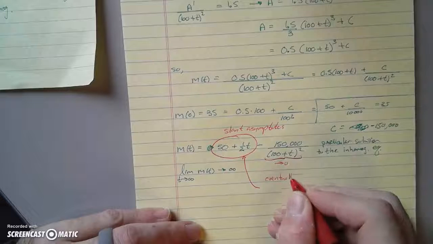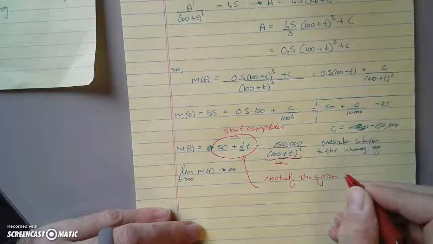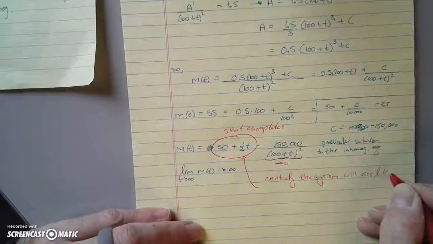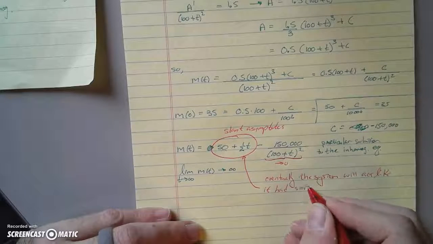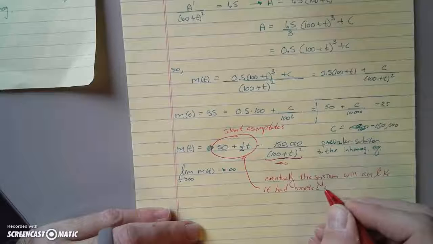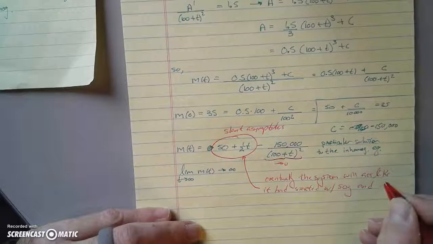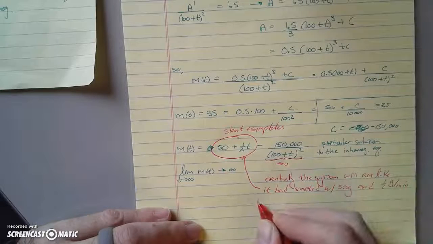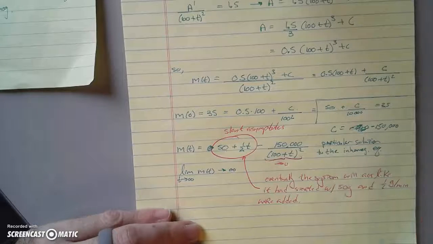Eventually, the system will act like it had started with 50 grams and a half gram per minute were added.